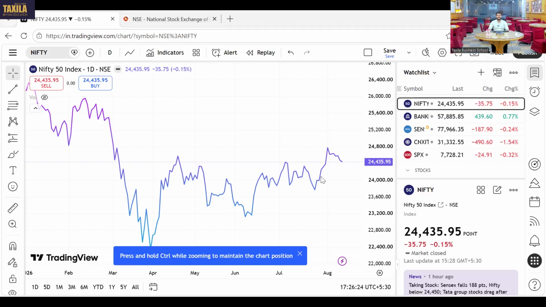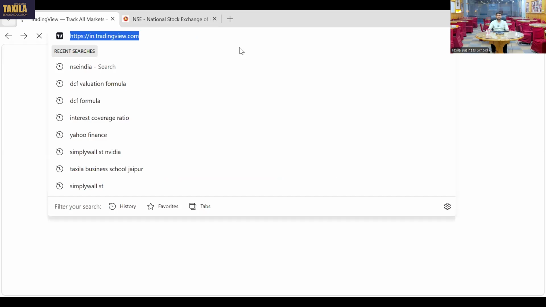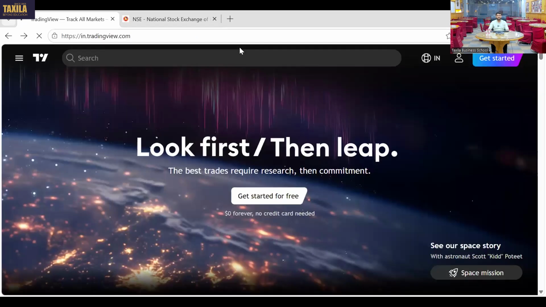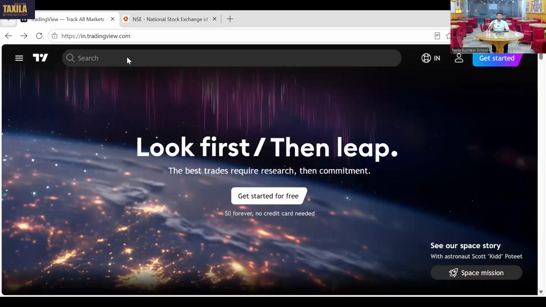If you need to go further in the market or analyze the market, you can use a tool that is TradingView. What's the tool? TradingView. If you want to analyze the market based on technical analysis, TradingView is a must tool you have knowledge about.